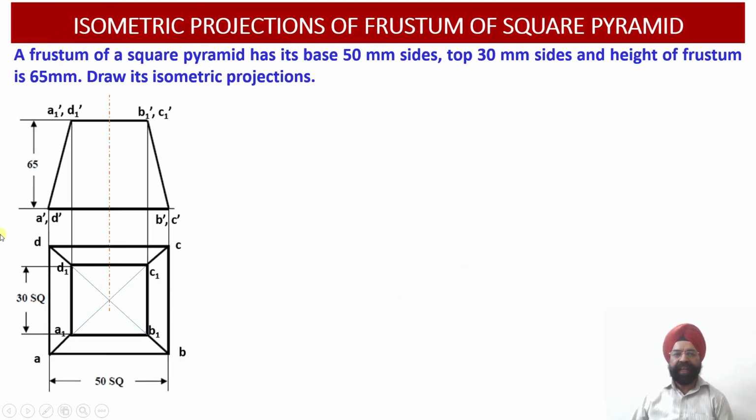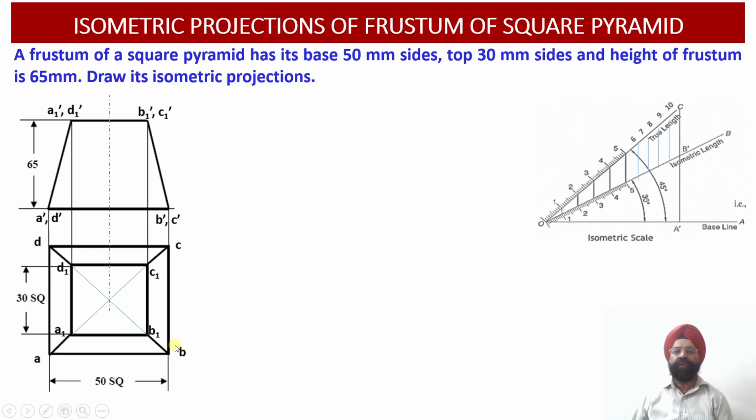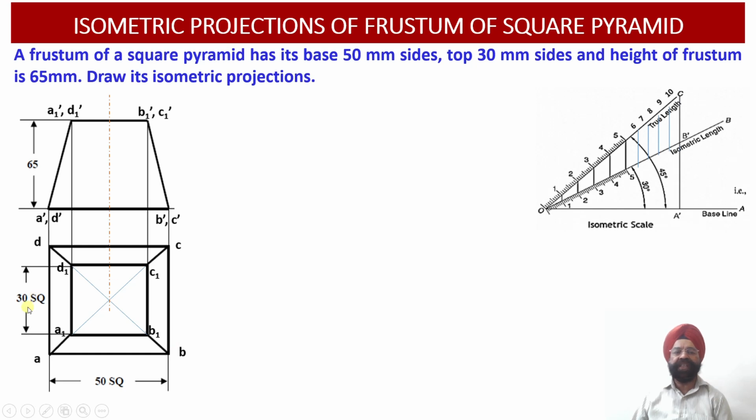Now, whatever dimensions have been obtained in the front and the top view, we are required to convert all these true dimensions into isometric length dimensions. For that, we need to carry out the construction of the isometric scale. We are going to draw the true scale at an angle of 45 degree. Then we are going to construct the isometric scale at an angle of 30 degree.